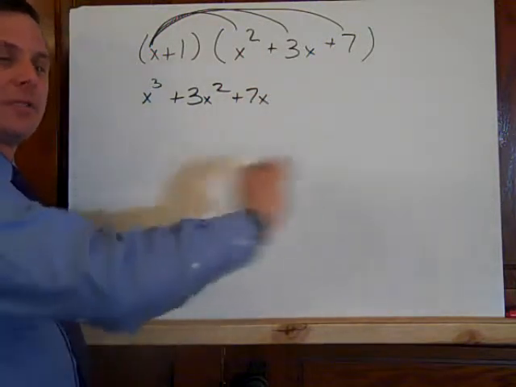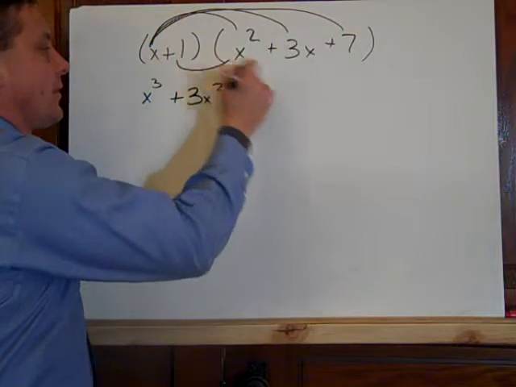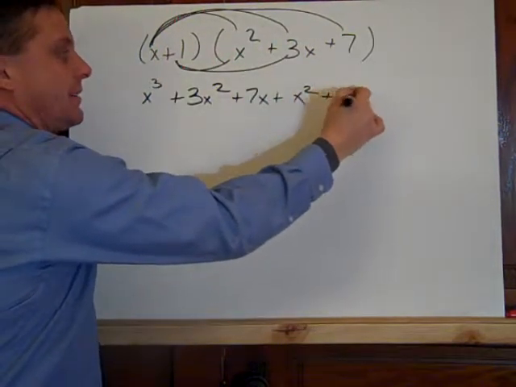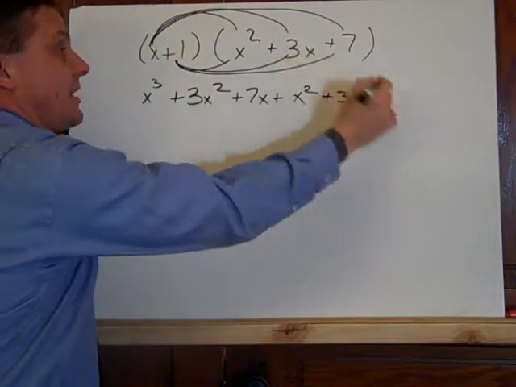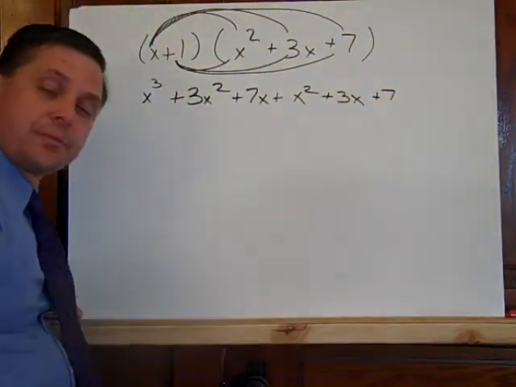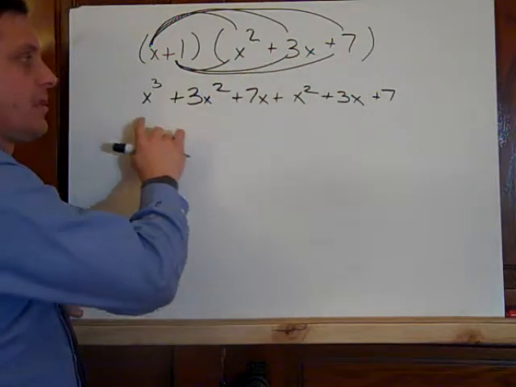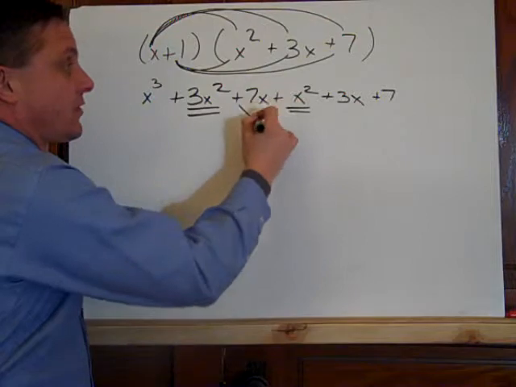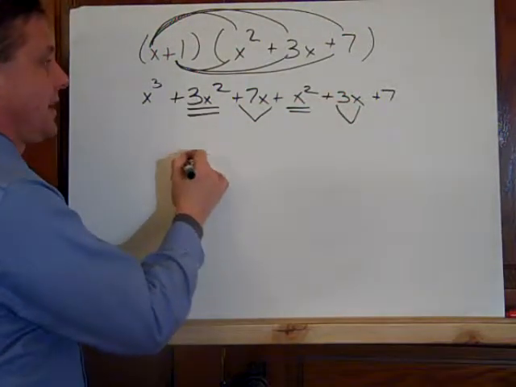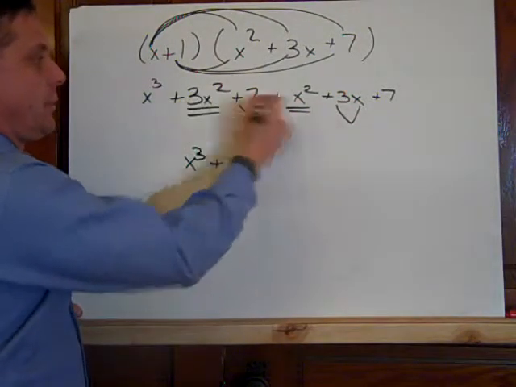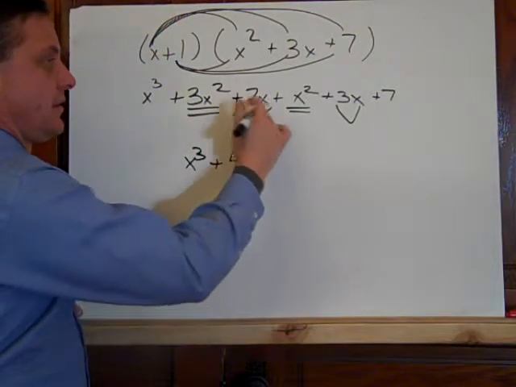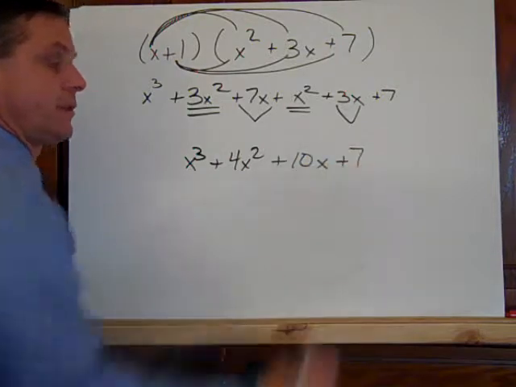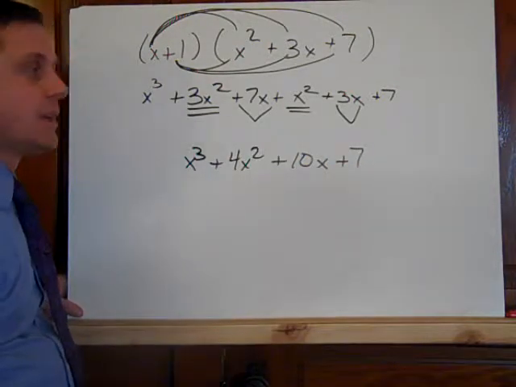Now I've multiplied the x, and now I have to multiply the 1 by everything. 1 times x squared, plus 3x, 1 times 3x, and then 1 times 7 is 7. A binomial times a trinomial gives me 6 terms. I look for like terms. This time there are 2 sets of them, so I get x cubed plus 3 plus 1, 4x squared. 7 plus 3 for the single x is 10x, and my 7 just comes down for the ride.